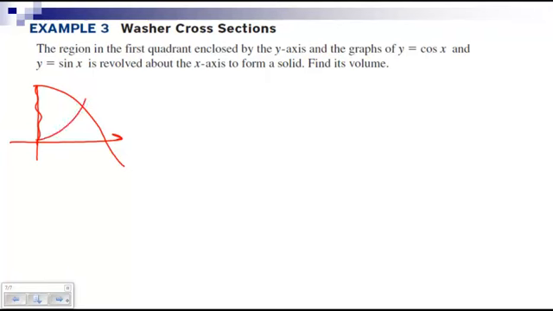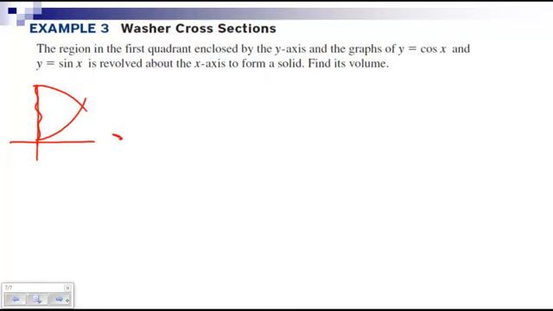So I'm only going to do this particular region, and I'm going to revolve it around the x-axis. Well, let me erase the parts of the curves that I don't need. So we start by drawing the region.